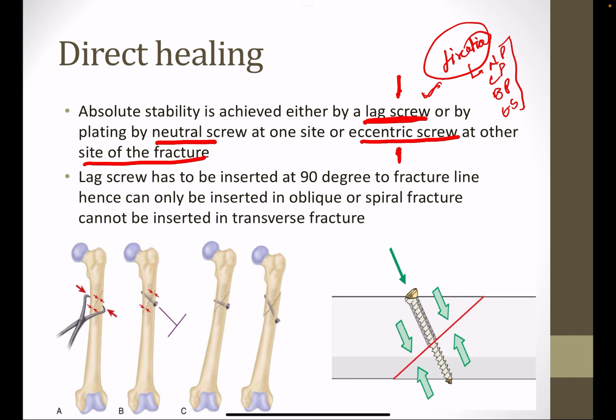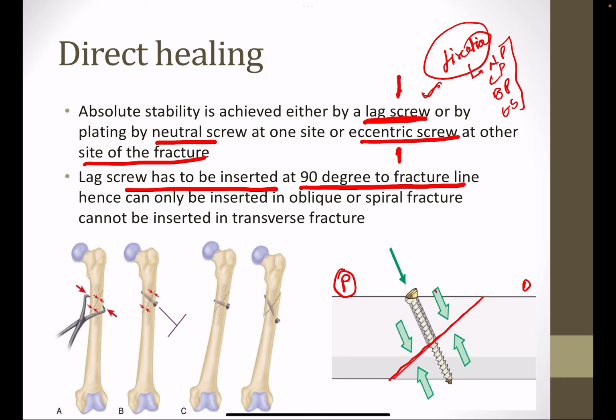But for now, to understand, a leg screw is a screw which is inserted at 90 degrees to the fracture line, hence it can only be inserted in oblique and spiral fractures. So this is, say, the distal fragment of the fracture, this is the proximal fragment, and this is the fracture line.